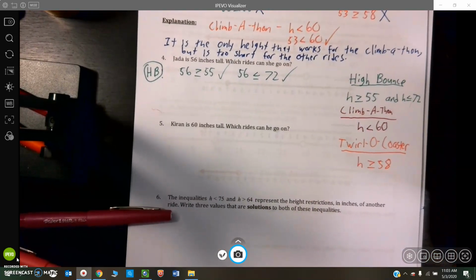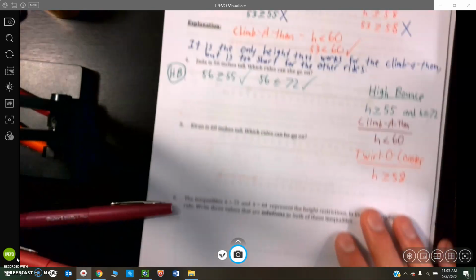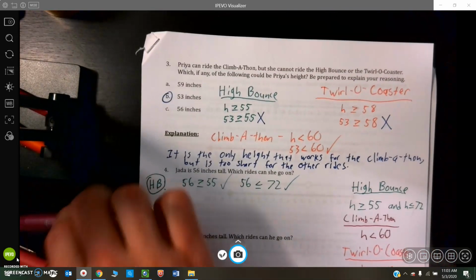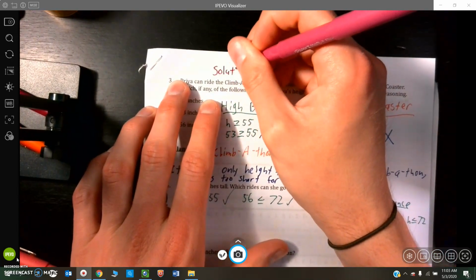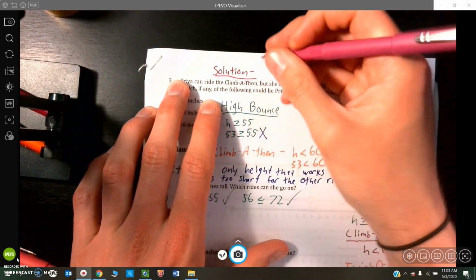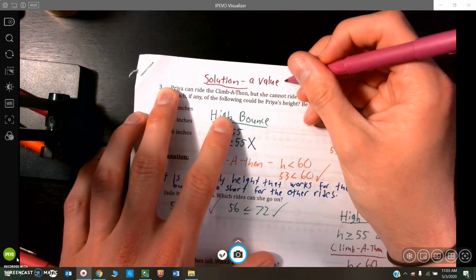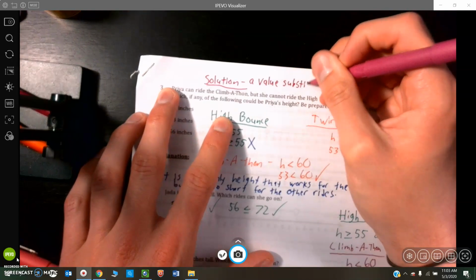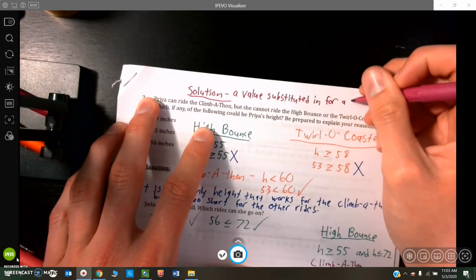And real quick, I want to take a pause here and mention the term solutions. We've talked about them last unit when we were learning about variables, because we're still working with variables, but now we're working with them in inequalities. And so a solution is a value, so a number, substituted in for a variable.